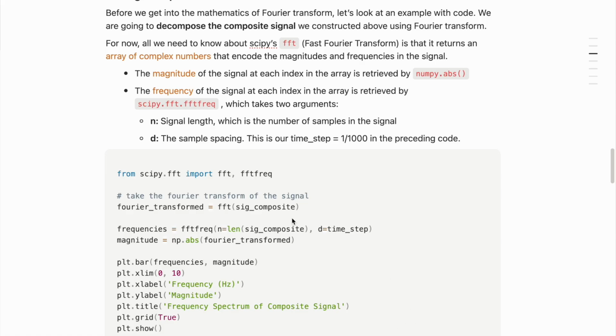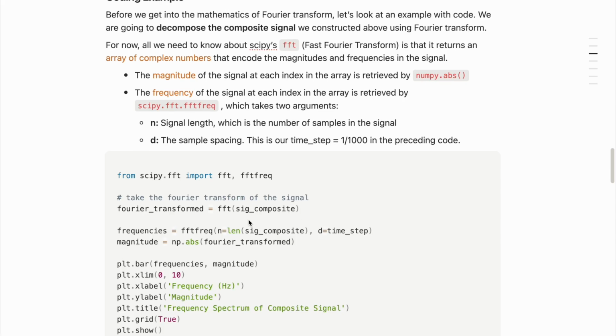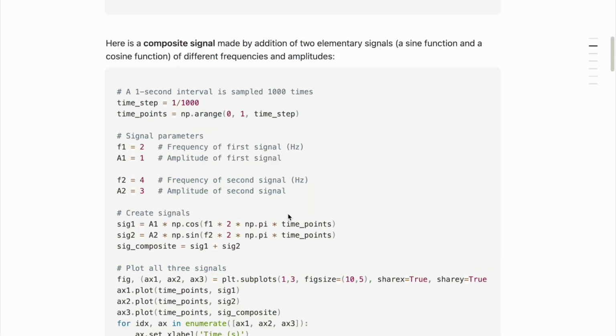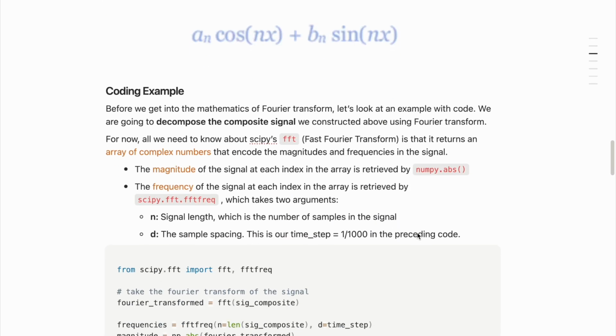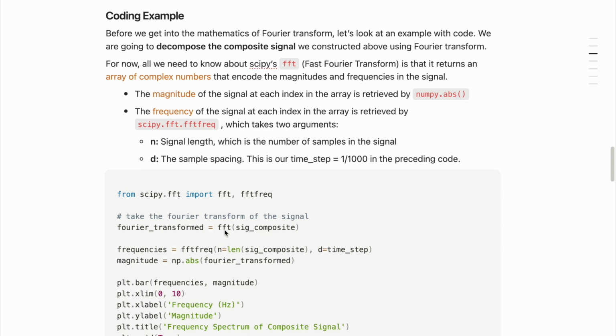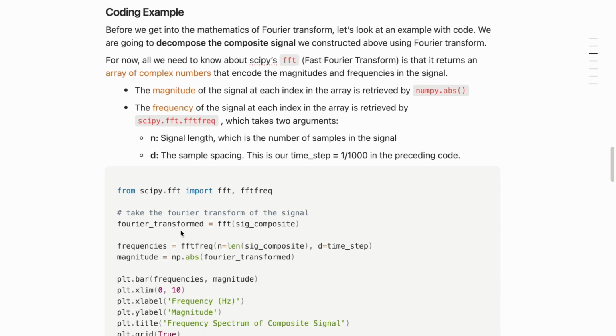So here's the code. We import the two functions we talked about from SciPy. And then we get our composite signal that we created before, which is this signal over here. And we submit it to the fast Fourier transform, and we end up with the transformed signal.